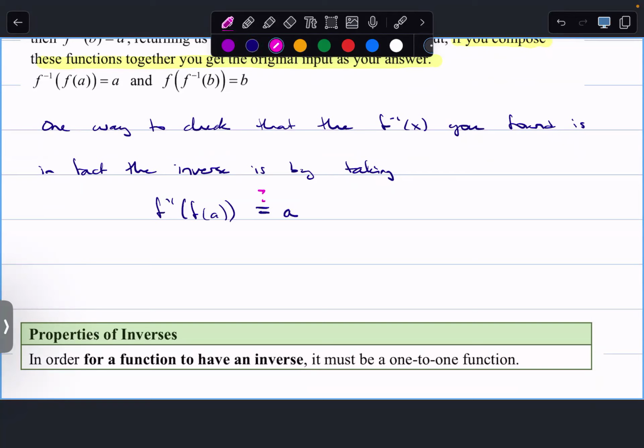Right, you should get back to just the input. This is a function composition, right? So you stuff the original function into the inverse function as the input, and then you should get a.